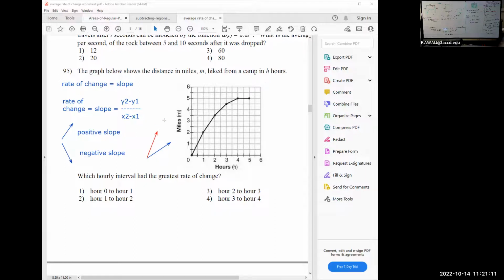The reason why is that it points up steeper. So the steeper line has bigger slope.